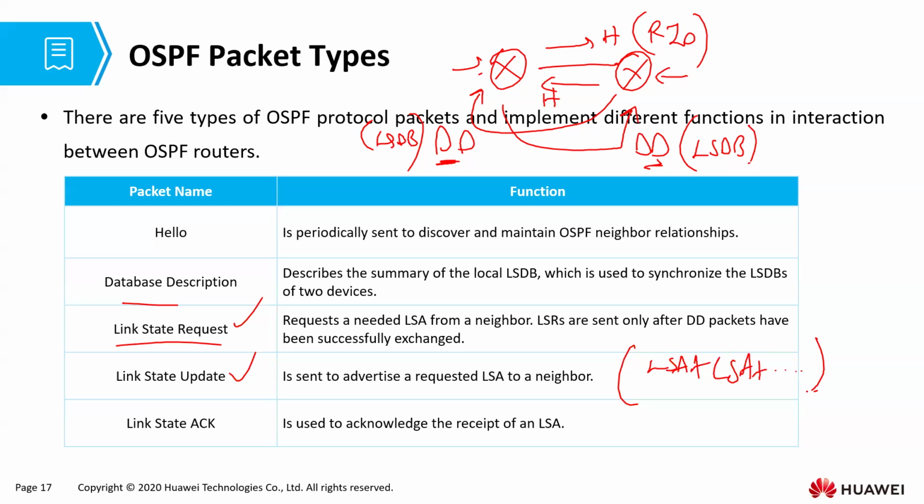So kana taisa request, then my LSAs anova avatanga flag. My LSAs anouya over synchronizer this database. Then we have another packet, link state acknowledgement, link state ACK, which basically acknowledges the receipt of an LSA.